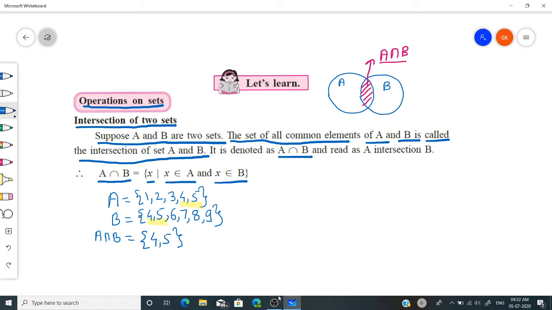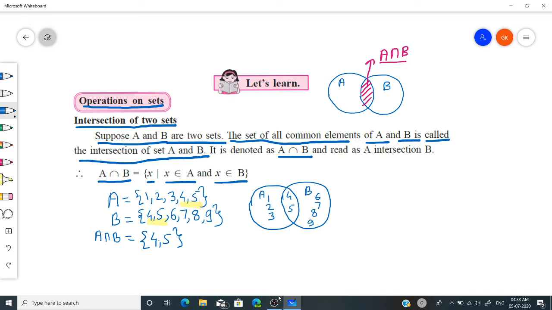Venn diagram. In Venn diagram, this is the set A and this is the set B. Then common elements 4 and 5 are the common elements between A and B. Then remaining elements, that is 1, 2, 3, and in set B 6, 7, 8 and 9.